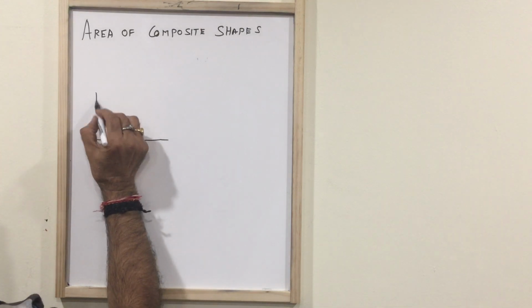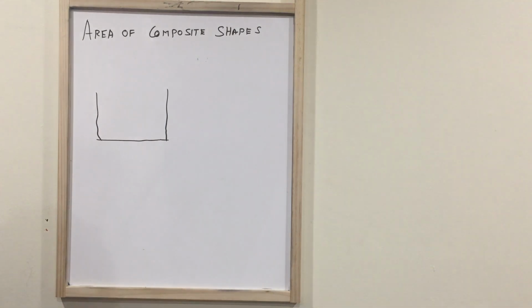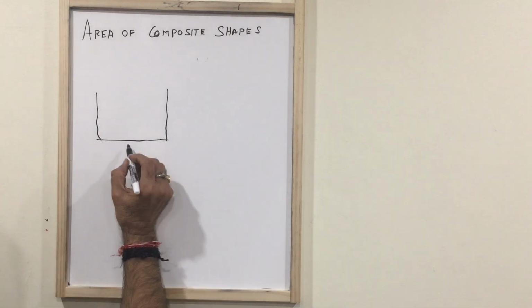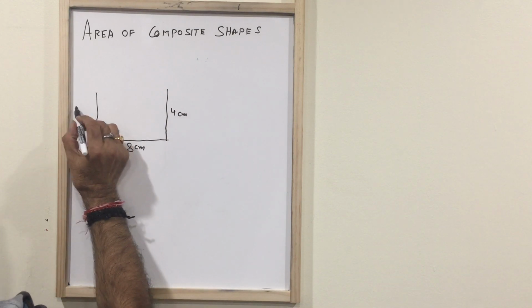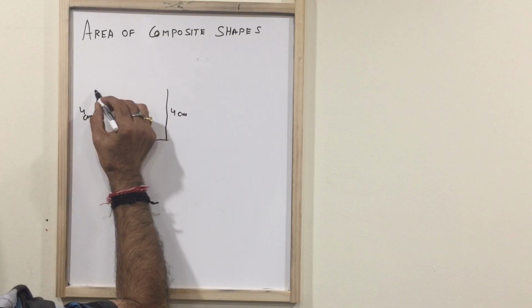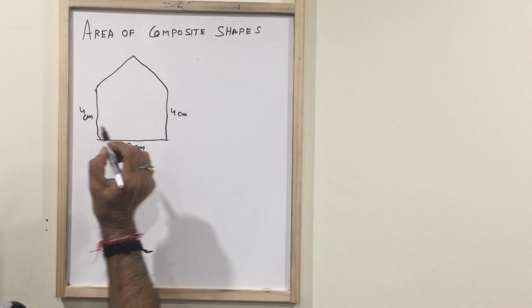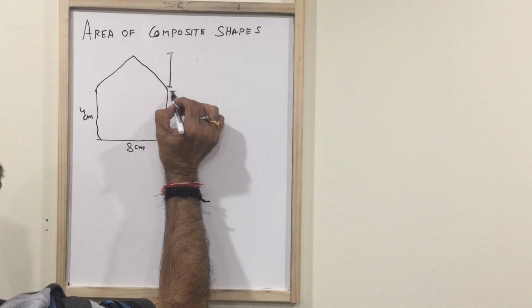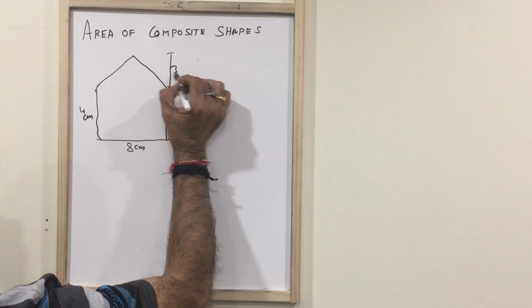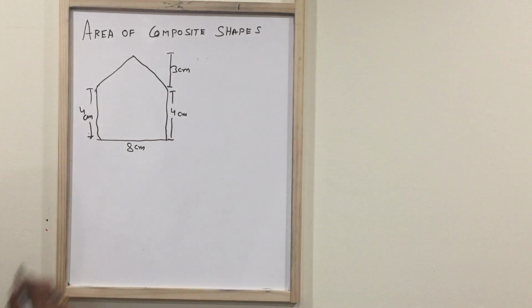We got a figure like this. This is 8 centimeter. This is 4 centimeter. This side is 4 centimeter. And this height, up to this height, it is 3 centimeter. This is 4 centimeter.